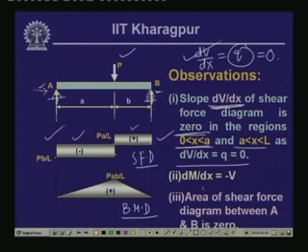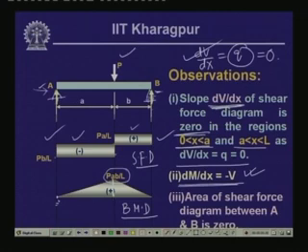Now, here you have seen that dM/dx is equal to minus V, this is the expression which we have derived. At this particular point in the bending moment diagram we have the magnitude Pab by L, and at this point the bending moment value is equal to 0.